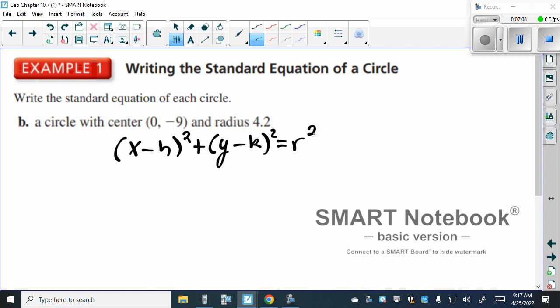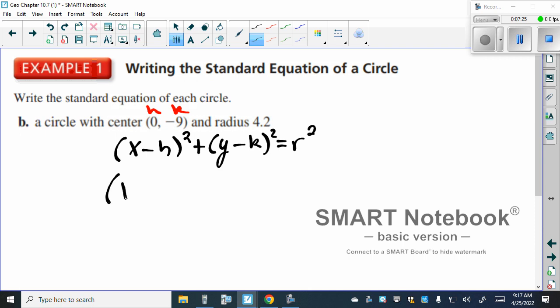So we want to find the standard equation of a circle with a center at the point (0, -9) and a radius of 4.2. Well, they already gave us our h and k values.